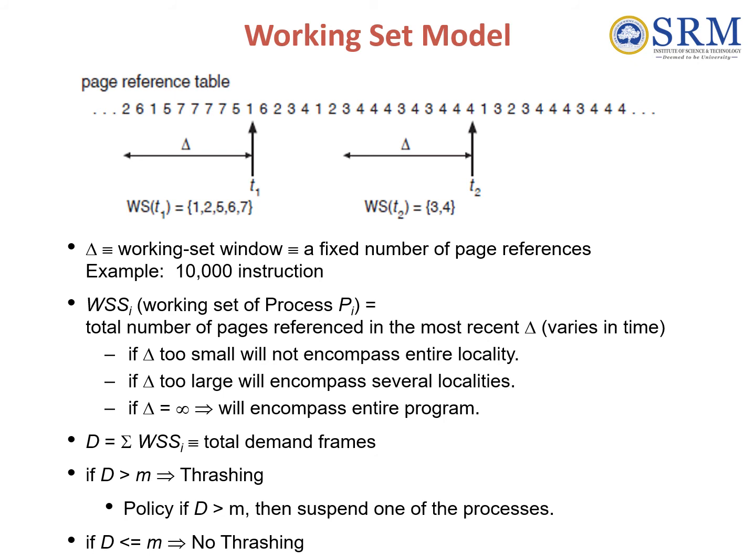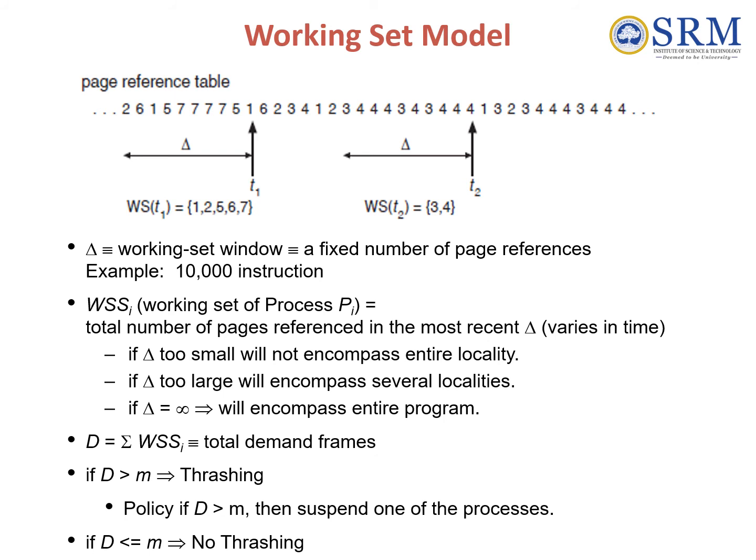So the demand D is the total demand of the processes, which is the sum of the working set sizes WSSi. If D is greater than M, it means the demand is higher than the availability of memory, and then thrashing occurs.